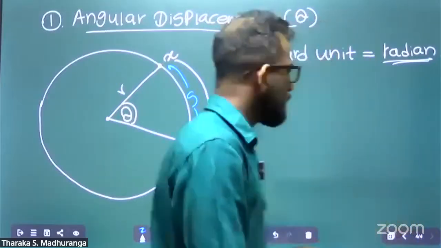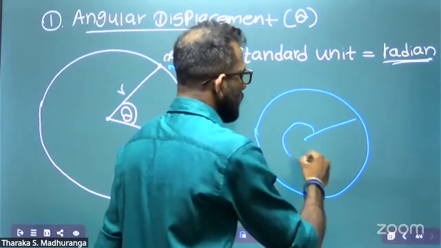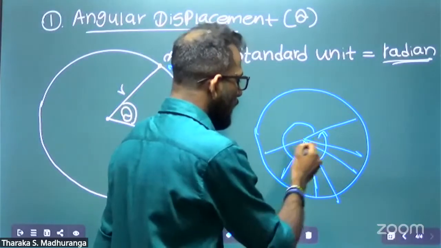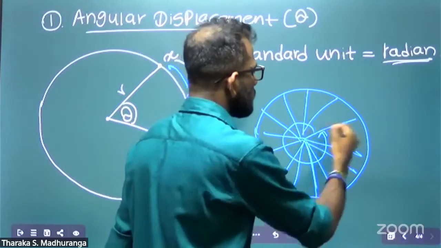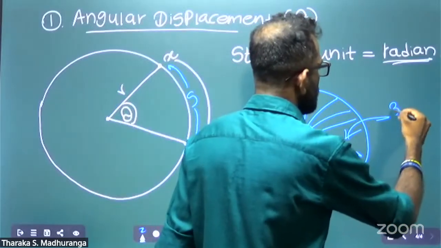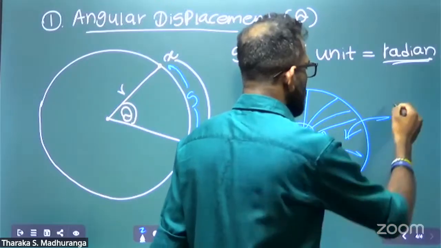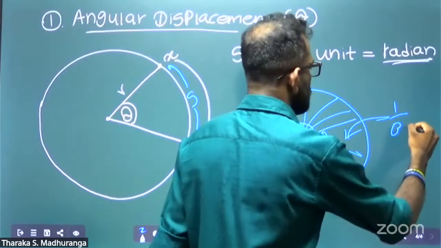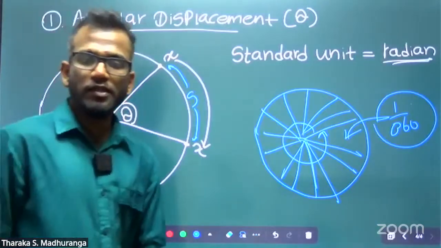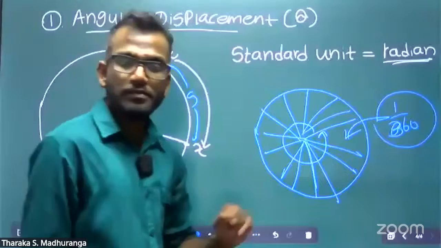I told you 1 degree means the angle of one circle divided into 360 equal parts. Then one part, we call 1 degree. It is 1 from 360. I think you can remember that. Do you remember what is 1 radian?